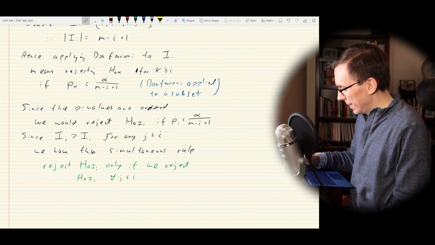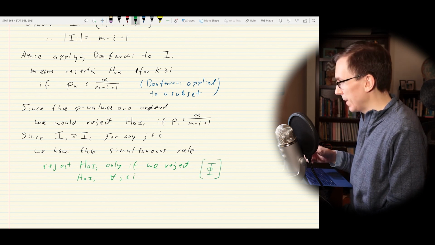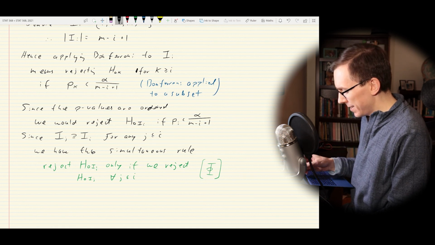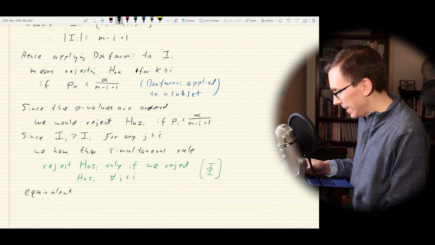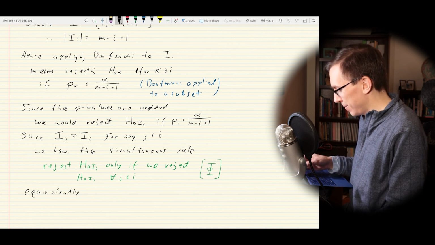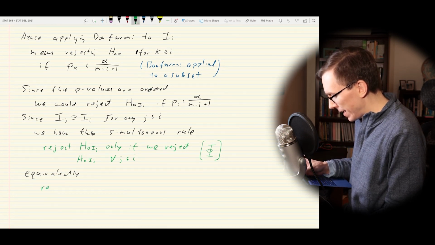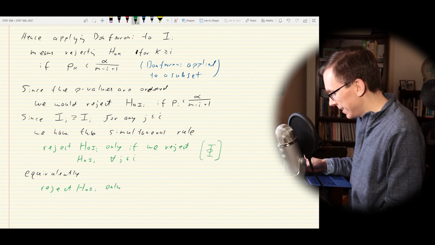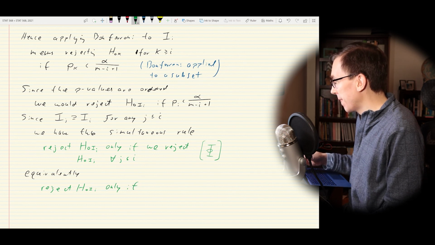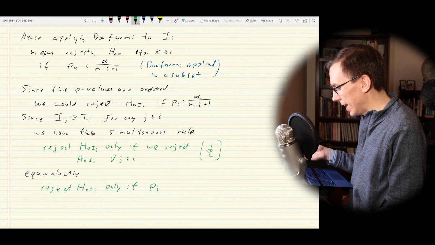This is the great capital Phi that I was talking about. And this is equivalently: reject H naught capital I sub I only if p sub j... wait, why would we reject H naught I sub j?